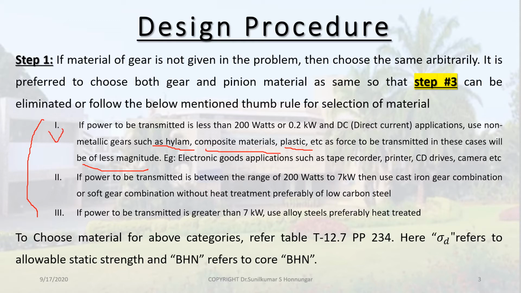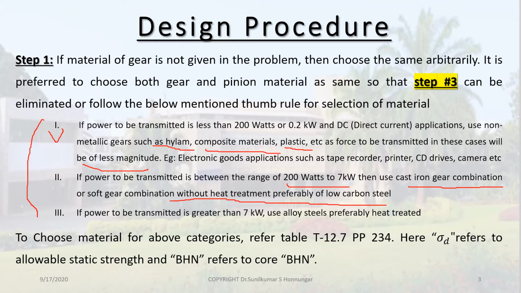And the second one: if power to be transmitted is in the range of 200 watts to 7 kilowatt, then use cast iron gear combination or soft gear combination without heat treatment, preferably of low carbon steel. Low carbon steel is less than 0.3% carbon, wherein no need of doing any heat treatment.